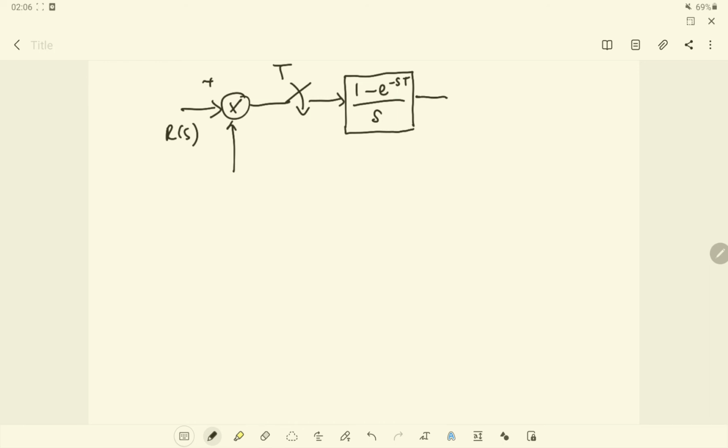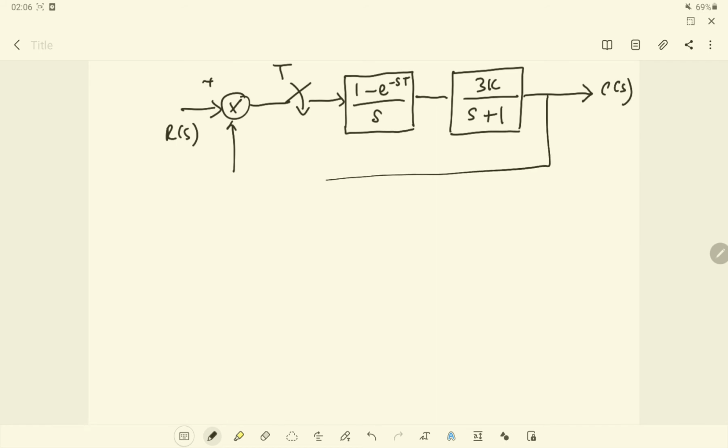Then one system in the frequency domain, 3k over s plus 1, and then the output C(s). And then we have a feedback, plus and negative. Okay, here's the question.